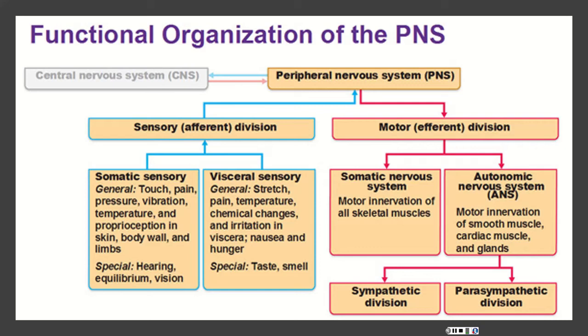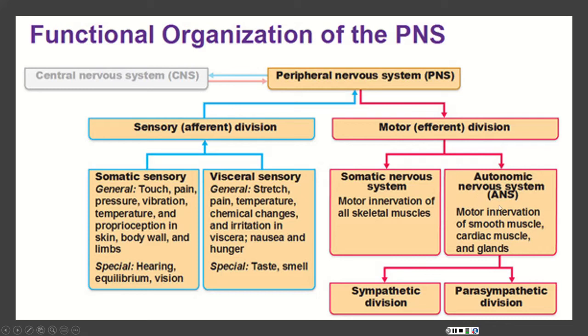So things like your breathing rate, your heart rate, the diameter of your blood vessels, certain glands, things like that, moving food through your digestive tract. That is all stuff that is happening as part of your nervous system, but without you actually thinking about it. That's what the autonomic nervous system does.